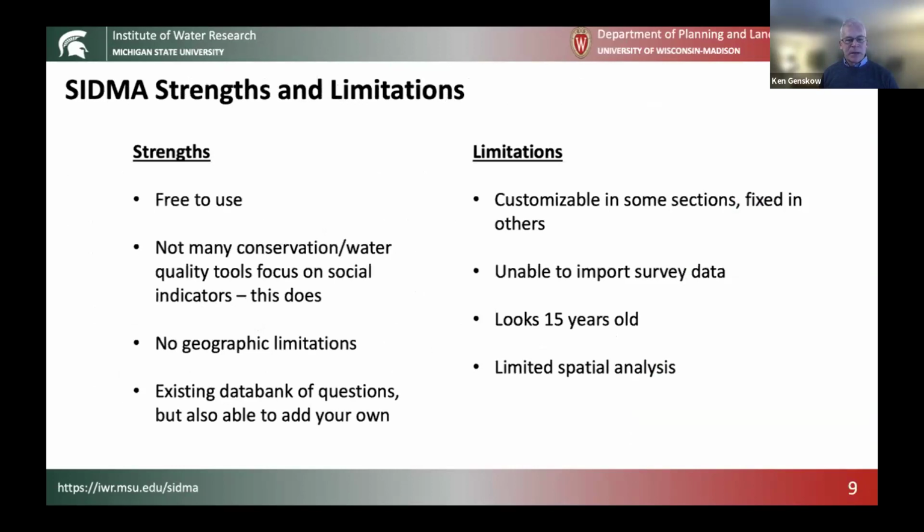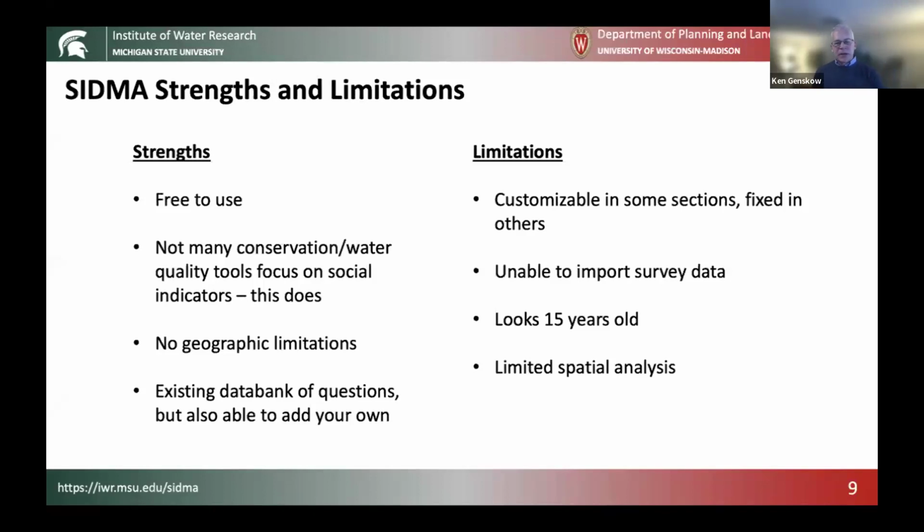SIDMA, which again is the tool, has strengths: it's free to use. It's available for anybody. Not very many conservation or water quality tools focus on social indicators, and this one does. So that's an advantage. There aren't really any geographic limitations to where this can be used. And it's based on this really large set of vetted questions that can be customizable for the needs of a particular conservation area or watershed or other uses.